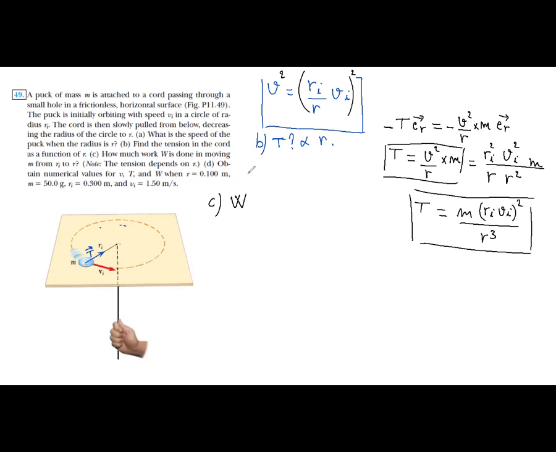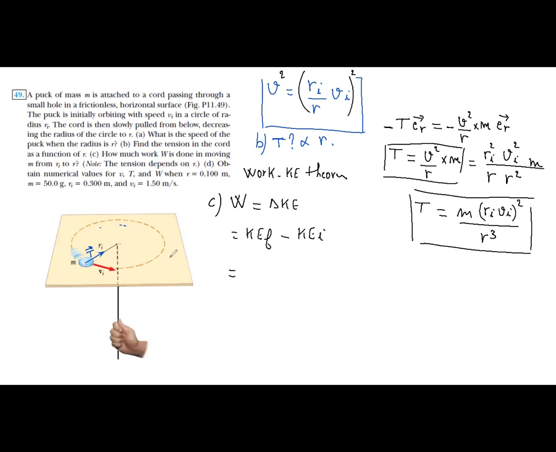We have the work kinetic energy theorem. The work done equals delta kinetic energy, which is equal to kinetic final minus kinetic initial.